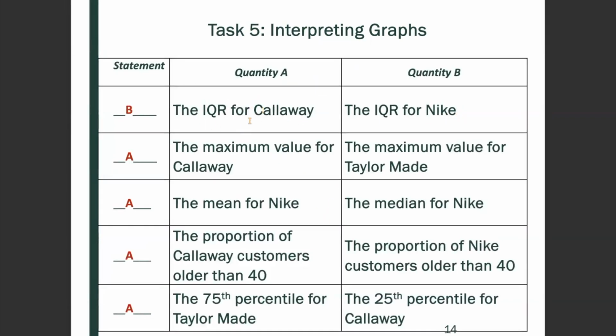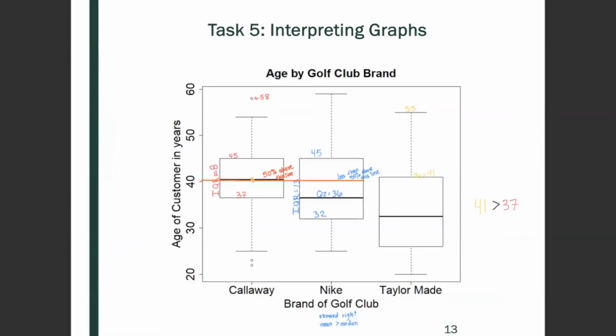So first, let's look at the interquartile range for Callaway. Callaway is this far left box plot. So if I were to estimate, the lower quartile is approximately 37, and the upper quartile is around 45. So the interquartile range is 45 minus 37, which equals 8.